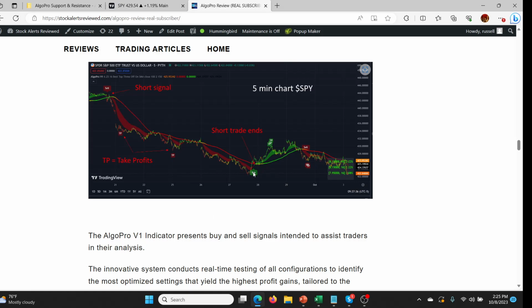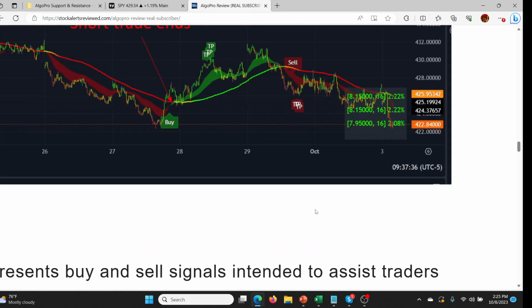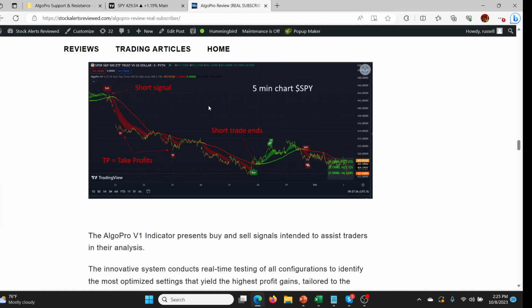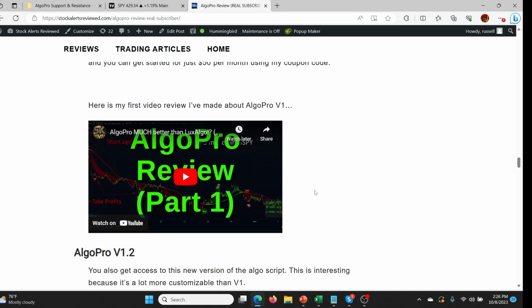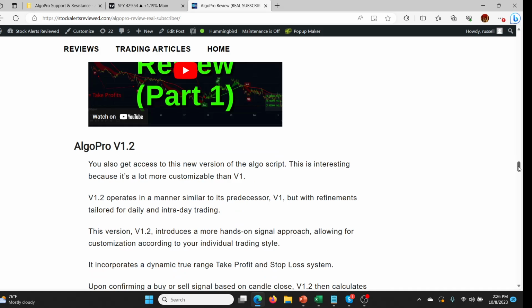I'm going to zoom in here, trying to zoom in at least. Where it'll say buy and take profit and sell and stuff like that. So buy, and you're supposed to buy and it trends up and take profit up here. There's a couple of scripts like that which I've included reviews of on video, which are embedded here. Every video I do like this one included will be in this article, so you can have this as a whole sort of library of all this stuff.